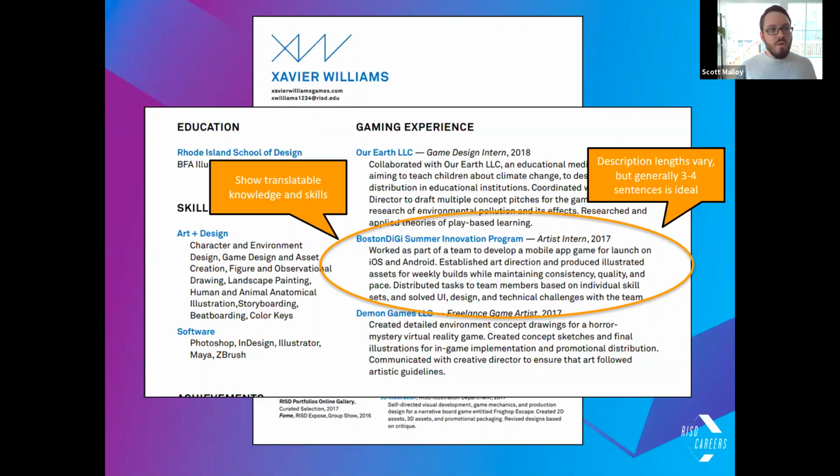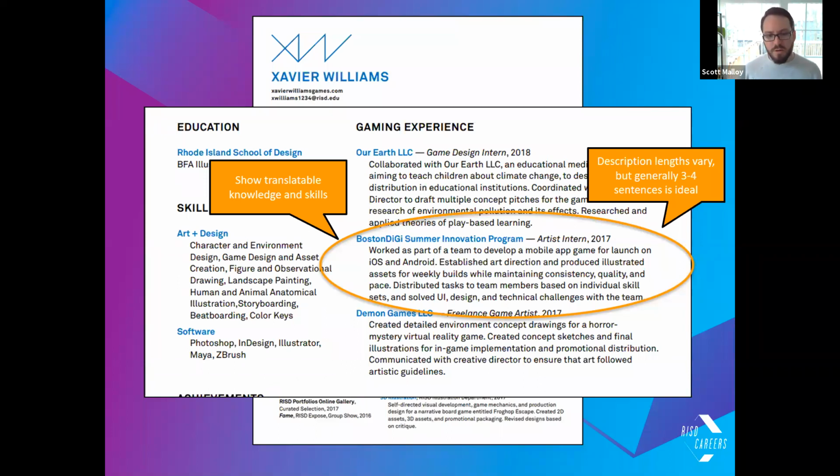As I said, there's no perfect length, and lengths do vary depending on how long or how valuable the experience was to you. That's one reason why it might vary. Also, it might vary depending on how much space you have on your resume. You might have to make some trimming decisions here and there. So not every experience is going to be 3 to 4 sentences or 3 to 4 lines.